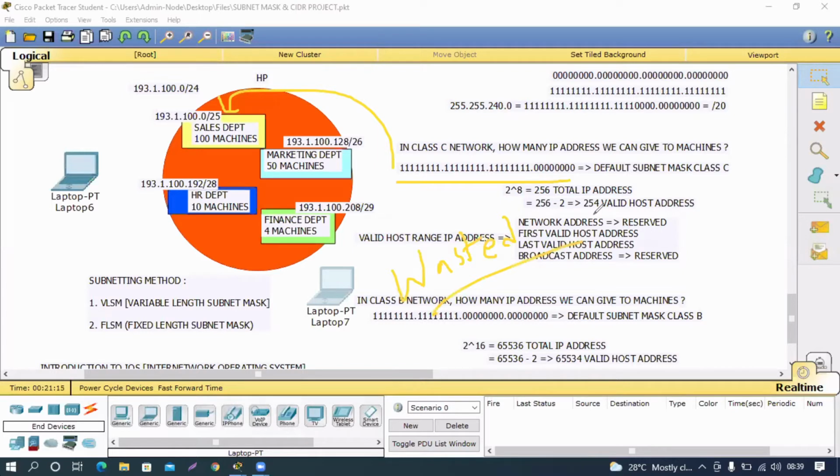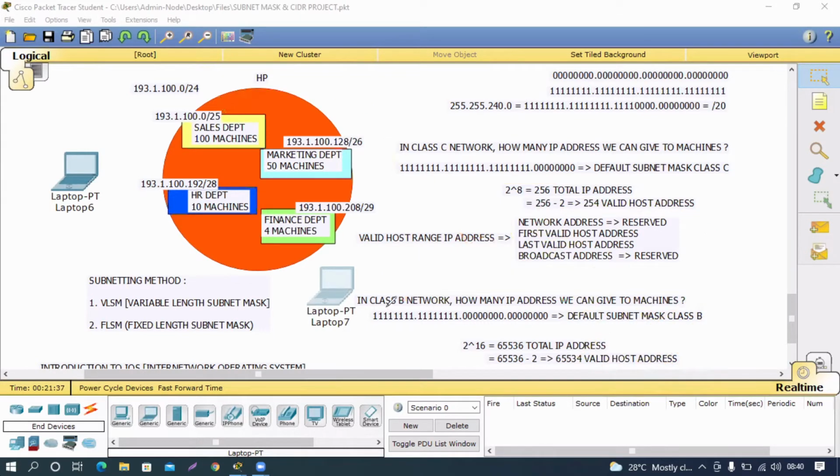Because in class C we are getting 254 and we need 100. So 254 minus 100, how many IP addresses are getting wasted? 154 IPs are getting wasted, right? Now you can see that the waste is minimum over here.